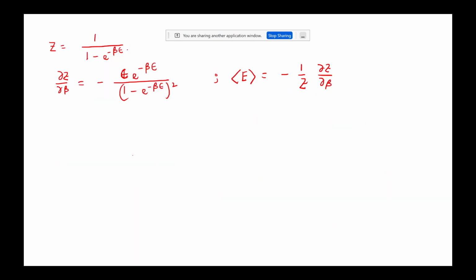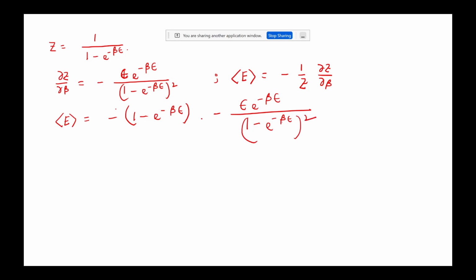So E becomes minus 1 minus e to the power minus beta epsilon times minus epsilon e to the power minus beta epsilon by 1 minus e to the power minus beta epsilon whole square.